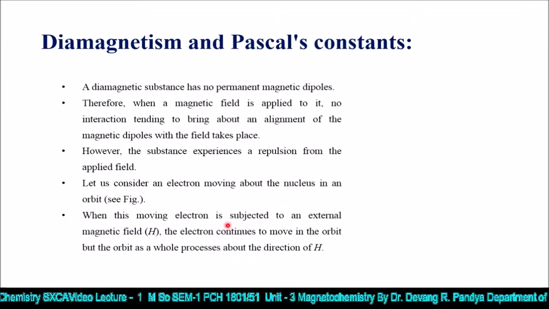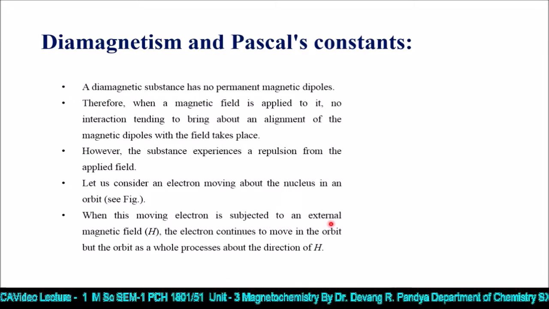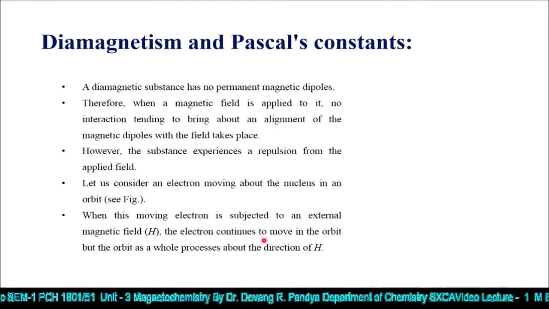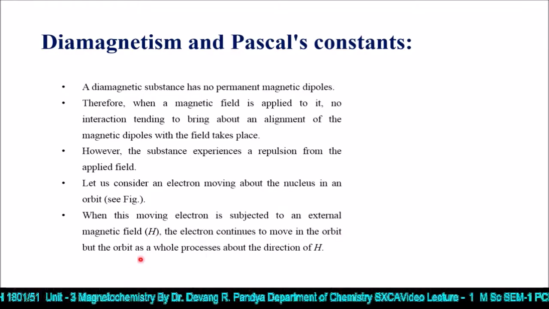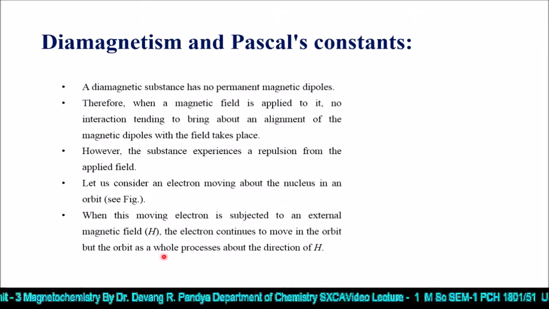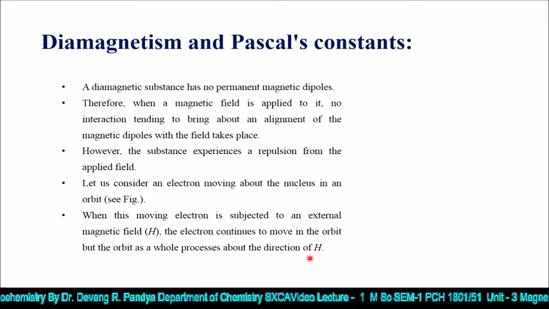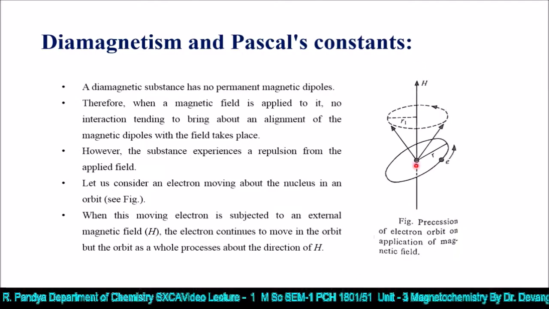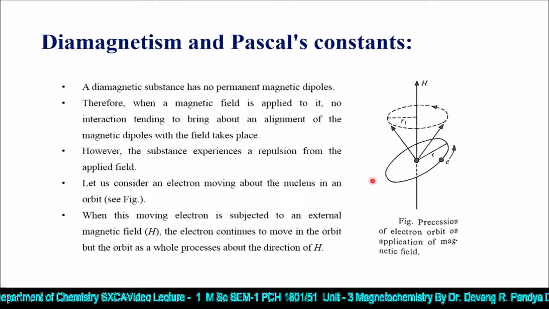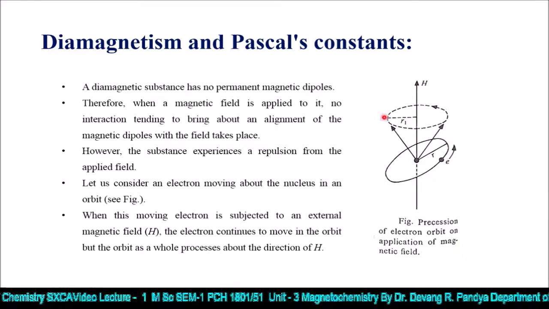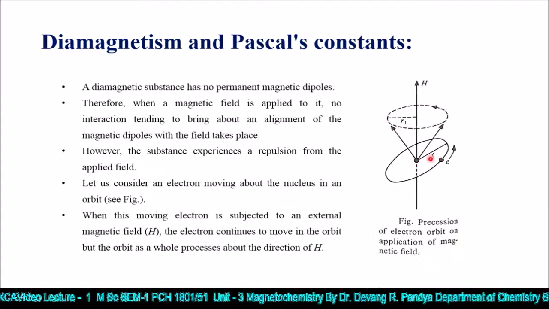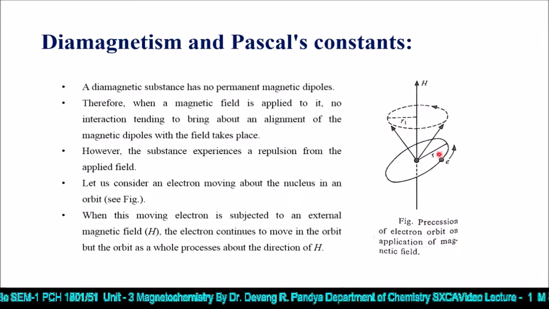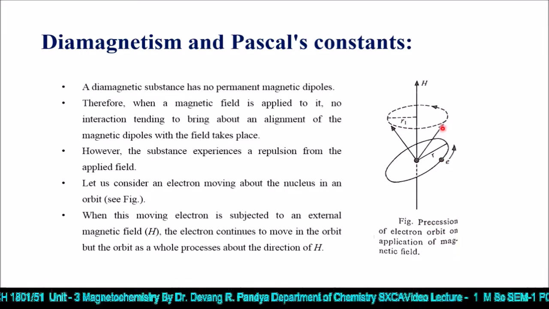When this moving electron is subjected to an external magnetic field, that is the applied field H, the electron continues to move in the orbit, but the orbit as a whole precesses about the direction of the applied field H. So here you can say that this is the applied field H, the electron is moving, and will now shift with the applied field H, with radius R now converted into R1. This is the precession of the electron.